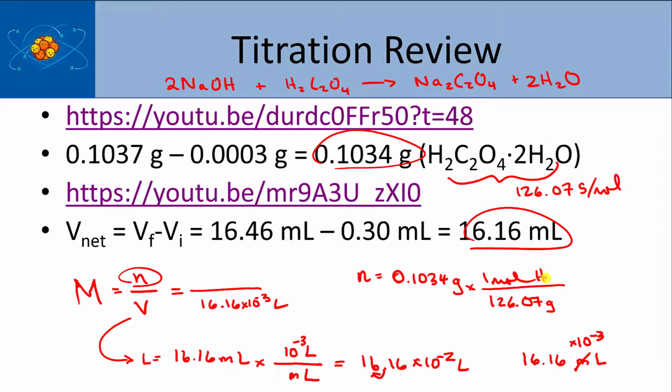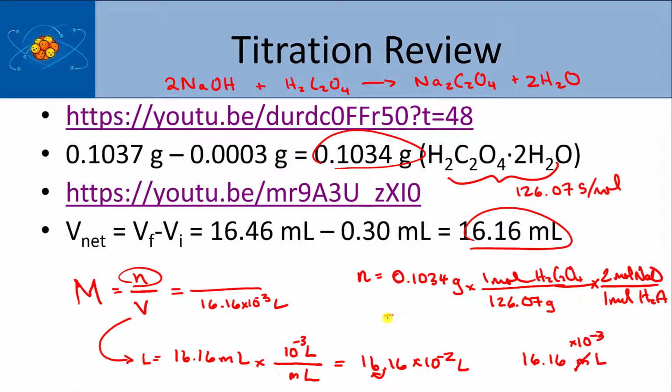And that's of H2C2O4. And then it's 2 moles of NaOH. I've gotten that from here, right? For every 1 mole of oxalic acid. And I'm just going to call it H2A because I'm out of space.